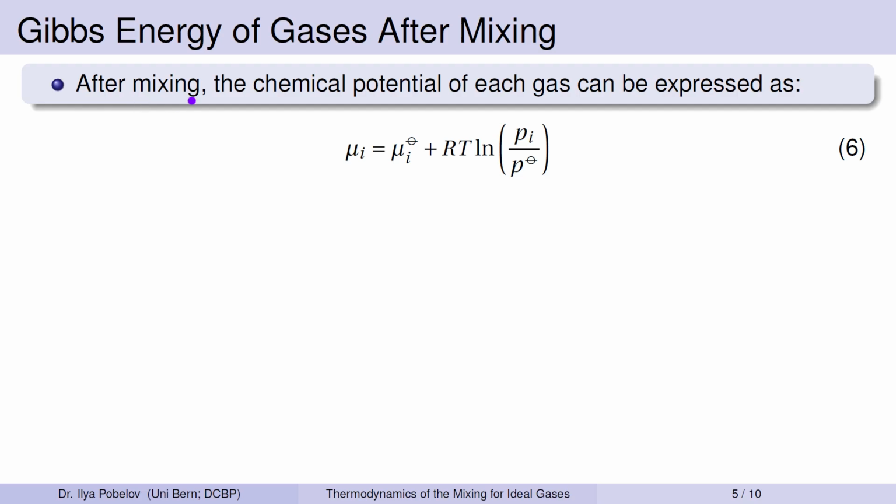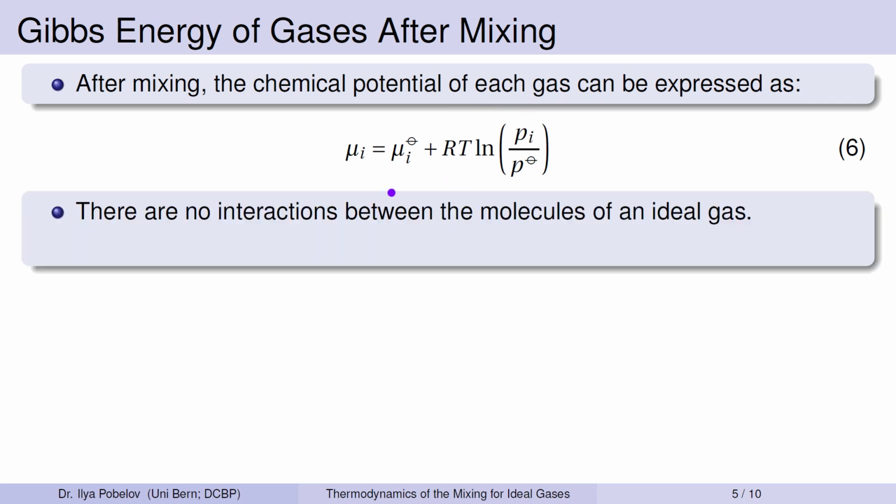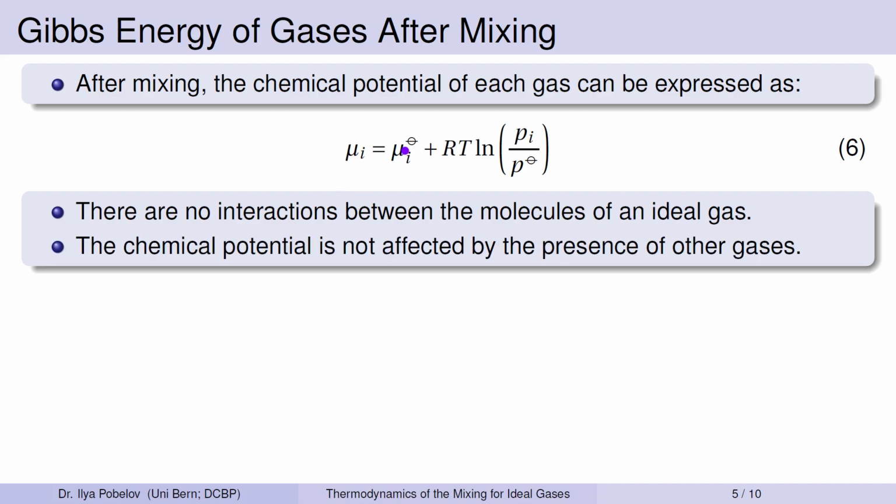After mixing, the chemical potential of each gas changes and can be expressed as shown here. Since there are no interactions between the molecules of an ideal gas, the chemical potential is not affected by the presence of other gases.